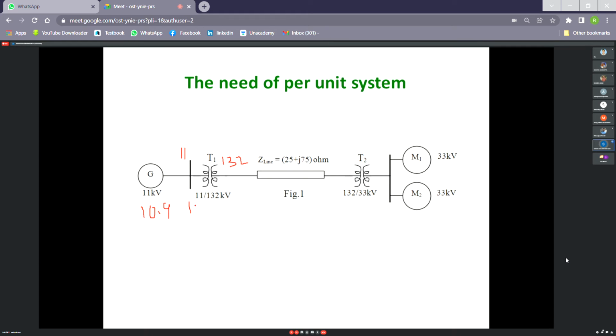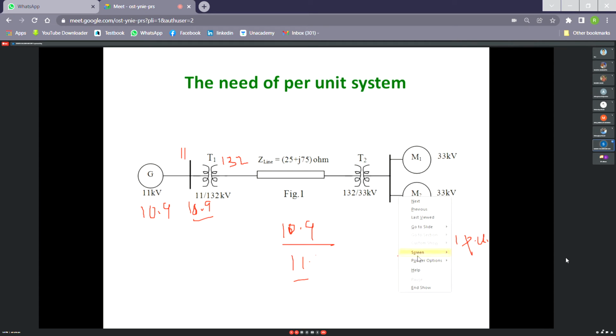That means 10.9 will be available here. So in per unit it will be 10.9 by 11, right? But the ideal value will be 11 by 11 equal to 1 per unit. So 1 per unit means 100% in our percentage, and per unit means the actual value: what is available, 10.9 by 11, in that way.